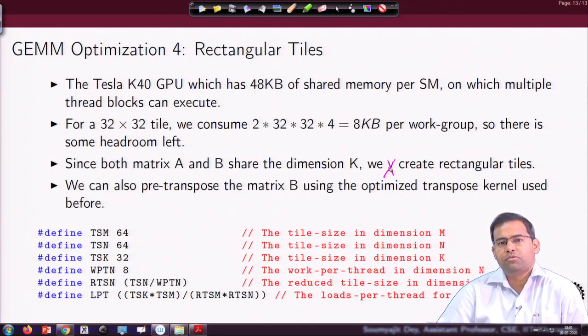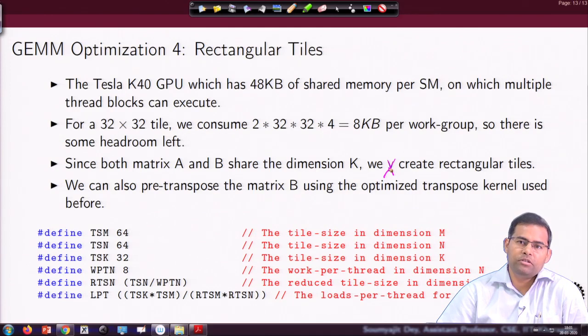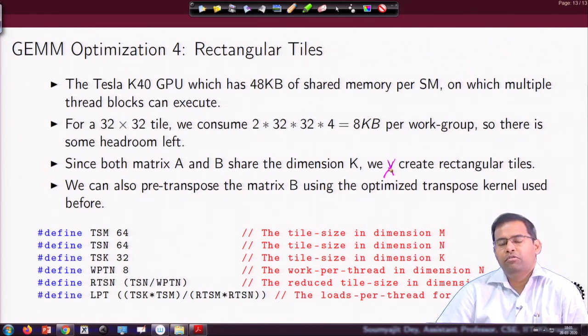We have already figured out earlier in our discussions on matrix transpose computation that it is really possible to do very efficient transpose computation, where the amount of time required for doing a transpose is not too high with respect to a normal memory copy.